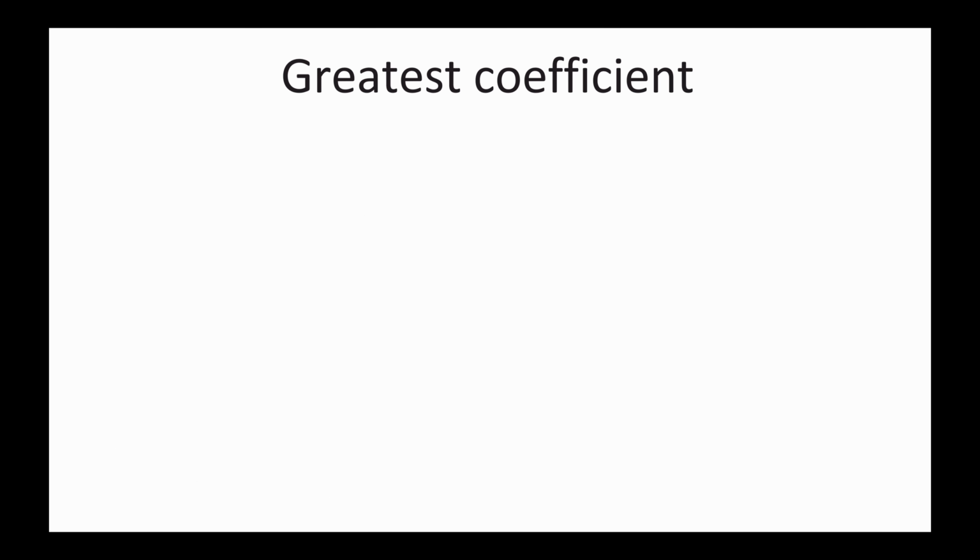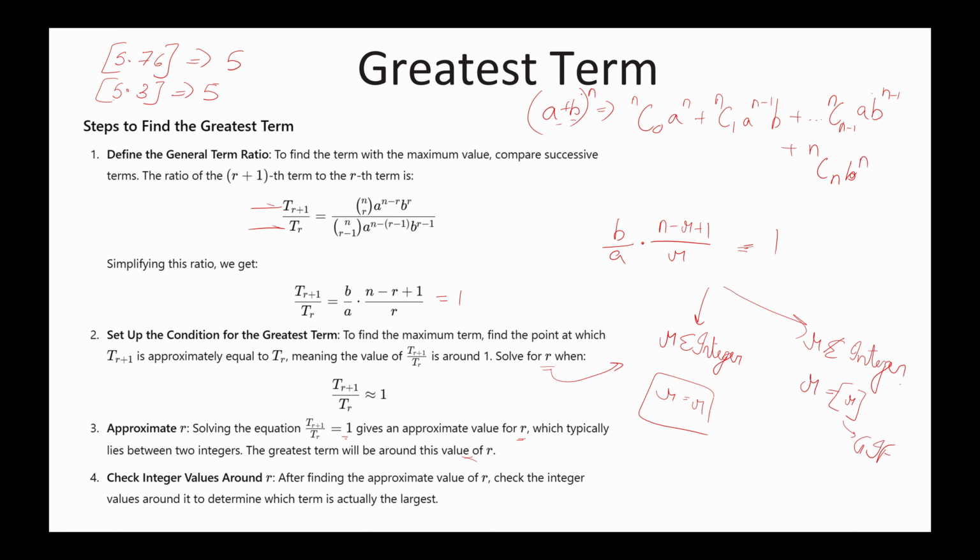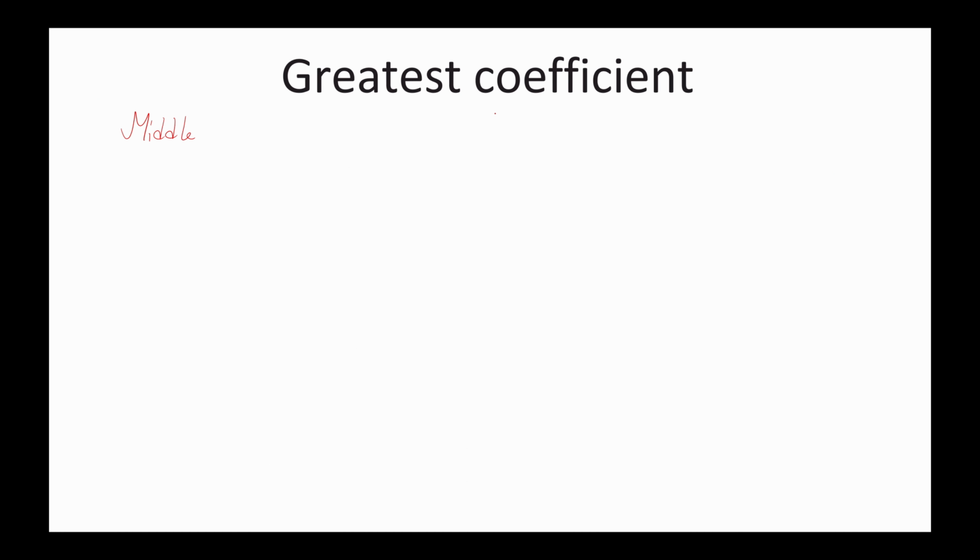Now talking about greatest coefficient. Greatest coefficient is very simple. It is simply my middle term. Now you must understand that greatest term and greatest coefficient are completely different. Let's say I have the sum for r equals 0 up to n of nCr x^(n−r) y^r, the expansion of (x + y)^n.